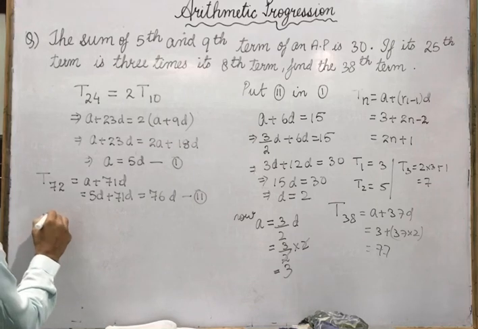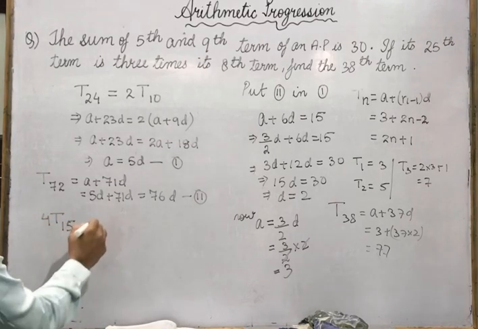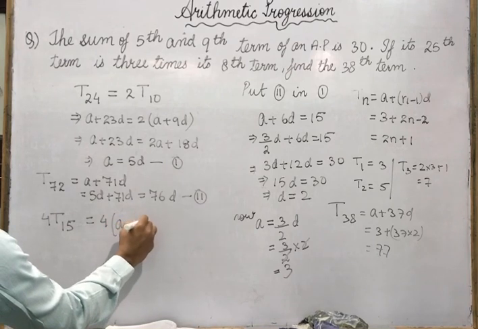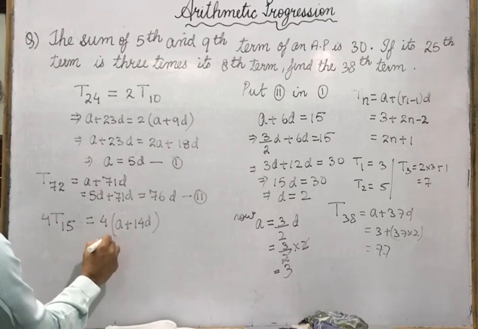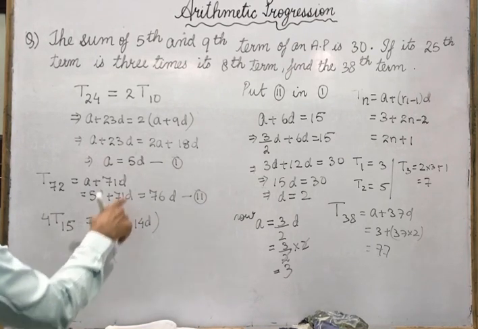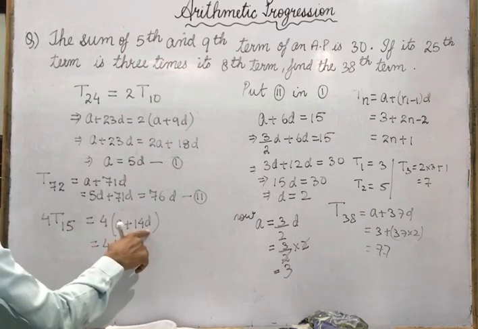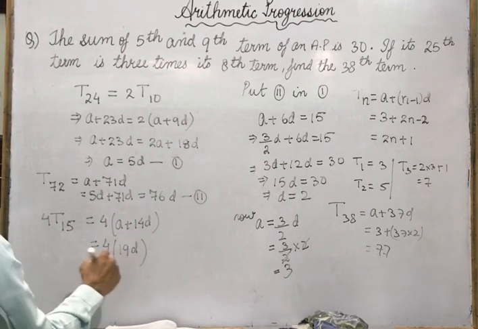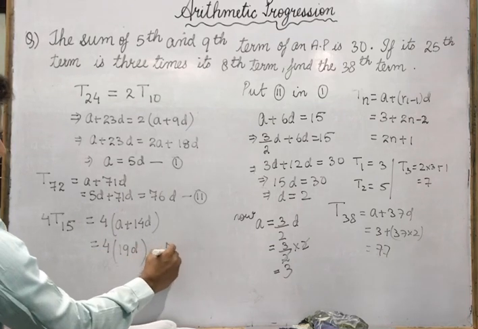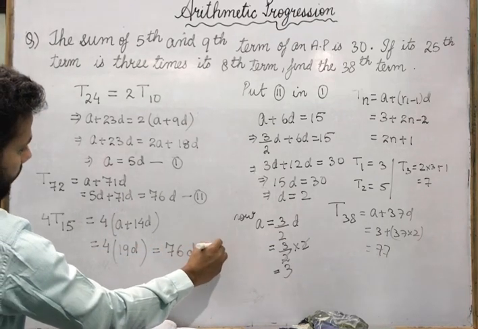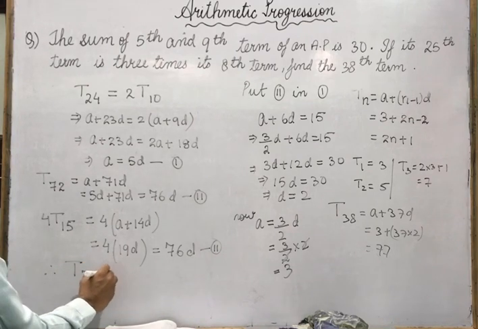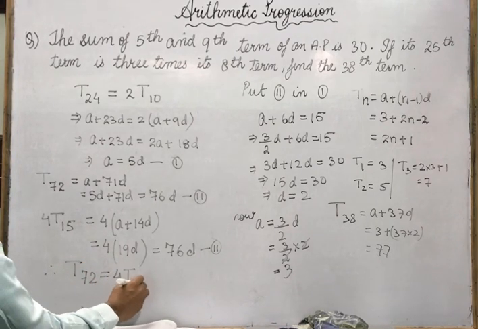It is 4 bracket A plus 14D. What is the value of A? 5D. 5D plus 14D, 5 plus 14, 19D. So 4 into 19D, that is 76D. Therefore, T72 equals 4 times T15. हो गया आंसर?